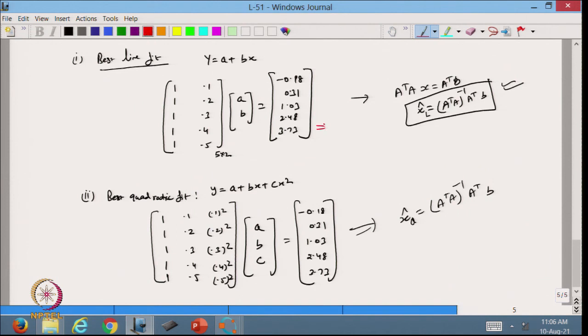Here we define projection matrix P taking B, so it will give B hat, and then I can solve A x hat is equal to B hat. So this way we can solve.